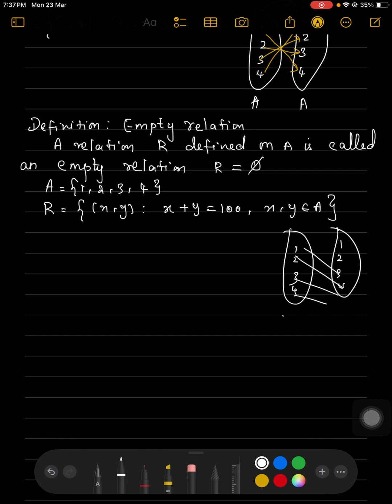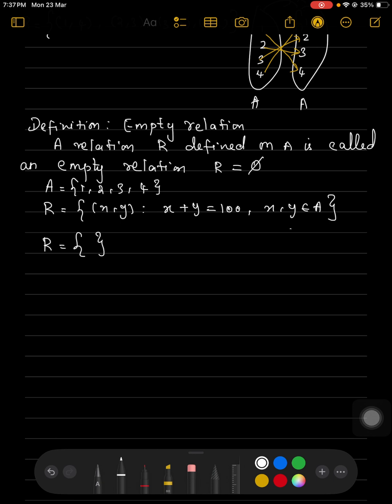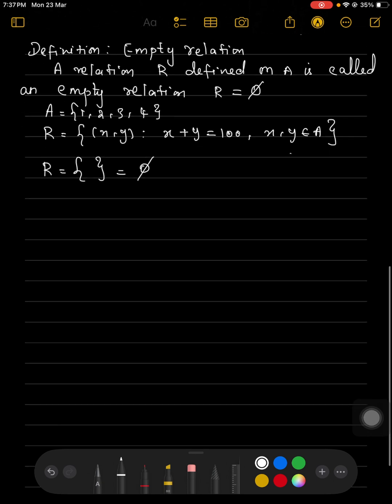Whichever pair you check, none of the pairs will satisfy the condition x plus y equals 100. So how many elements are in the output here? Nothing. So it is called an empty relation. How do we denote an empty relation? With the symbol phi. So this is the first definition you have in class 12, which is empty relation. Hope it is clear. The next definition is universal relation.